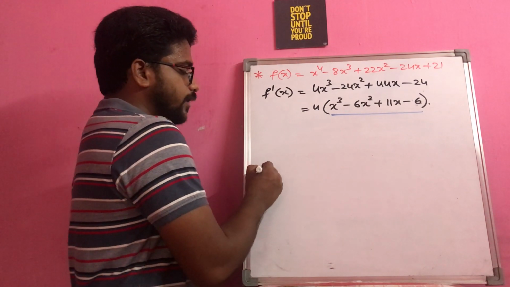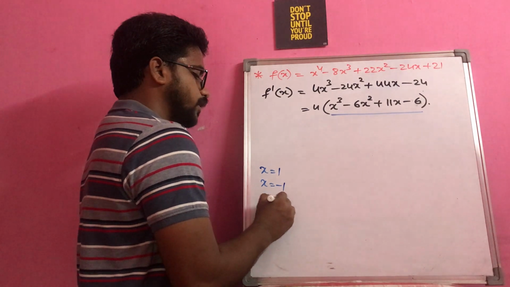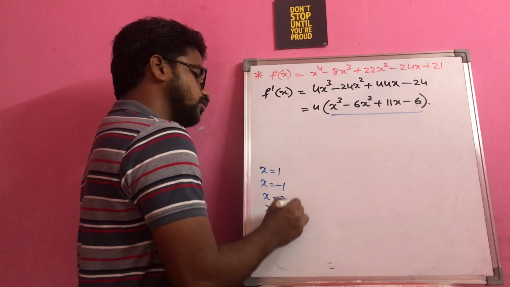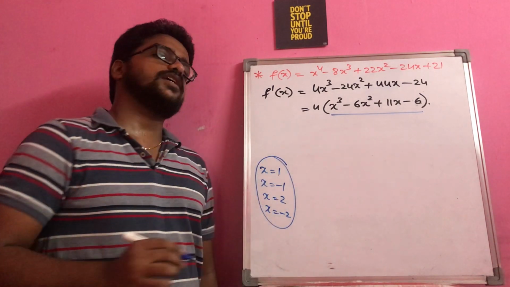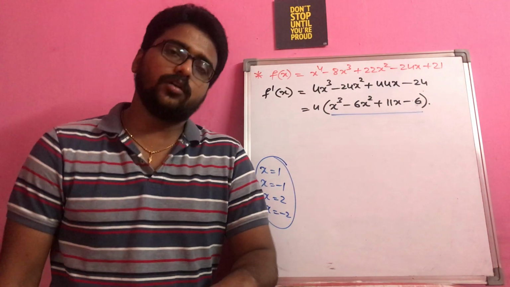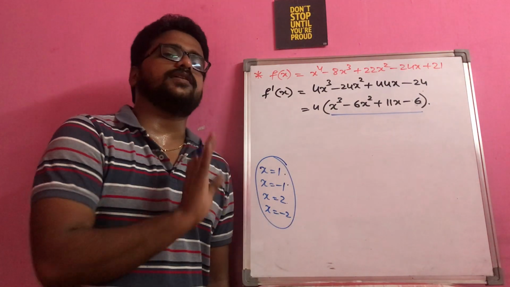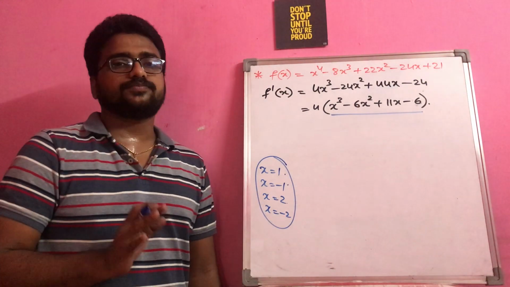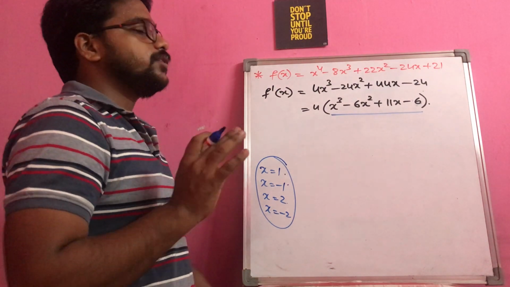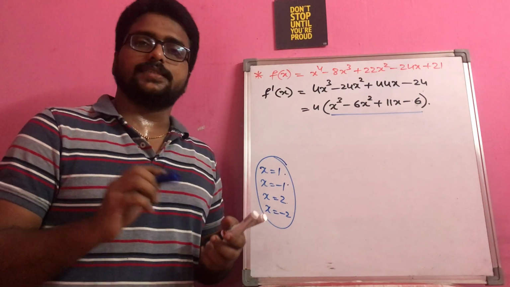So you can straight away check x is equal to 1, x is equal to minus 1, x is equal to 2, x is equal to minus 2. First you have to check among these factors whether any one satisfies the given cubic polynomial or not. Mostly one of these factors will satisfy the obtained cubic expression, because there is no point of spending a lot of time on factorizing the cubic polynomial during the 12th examination.